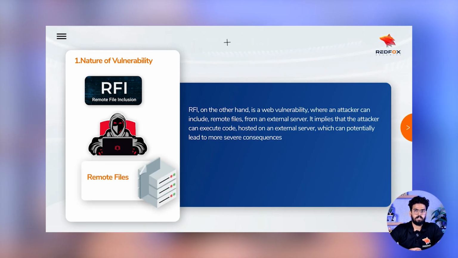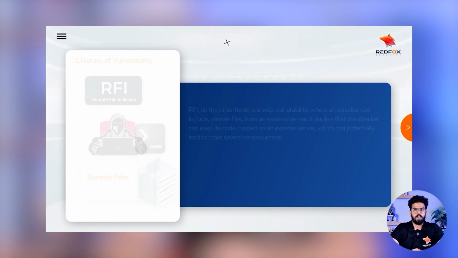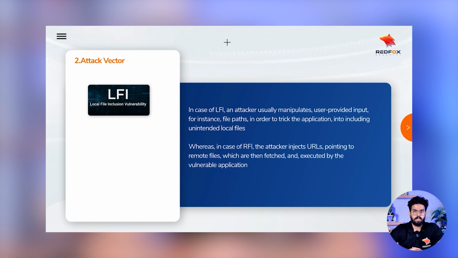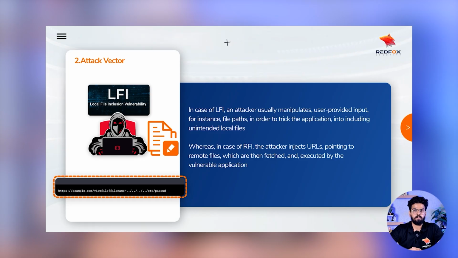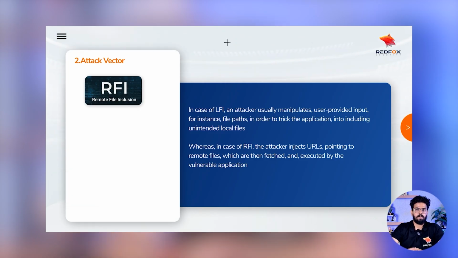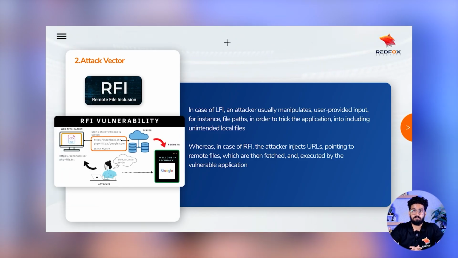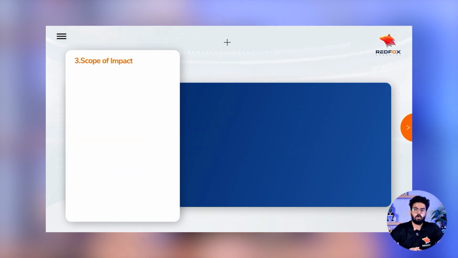It implies the attacker can execute code hosted on an external server, which can potentially lead to more severe consequences. Attack vector. In case of LFI, an attacker usually manipulates user-provided input, for instance file paths, in order to trick the application into including unintended local files. Whereas in case of RFI, the attacker injects a URL pointing to remote files, which are then fetched and executed by the vulnerable application.